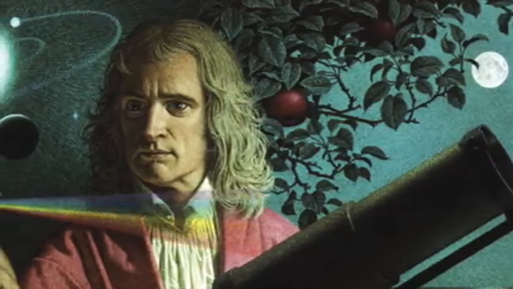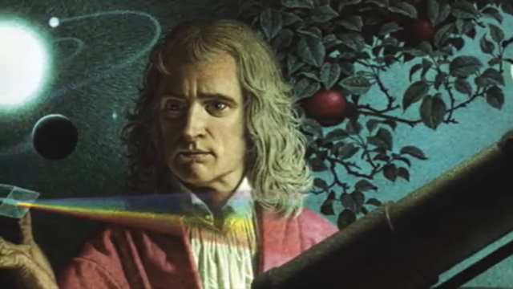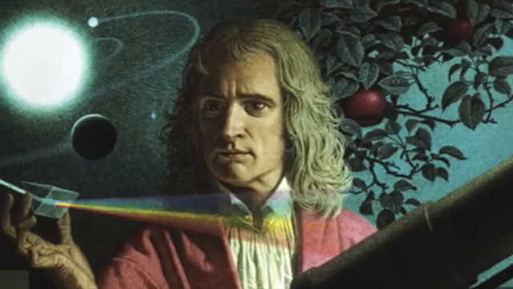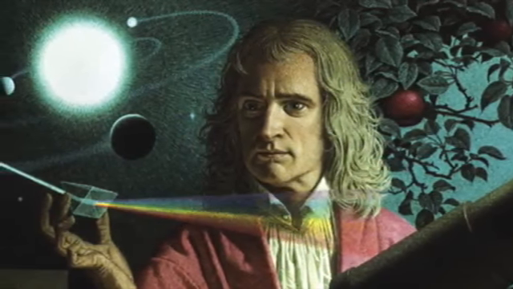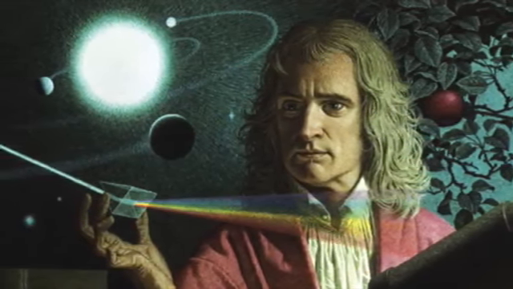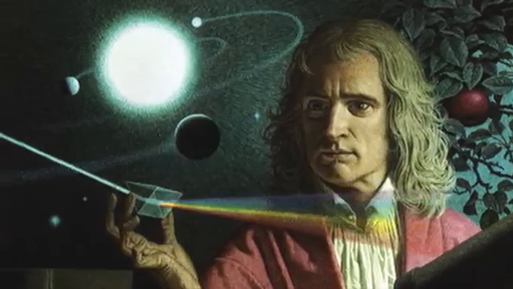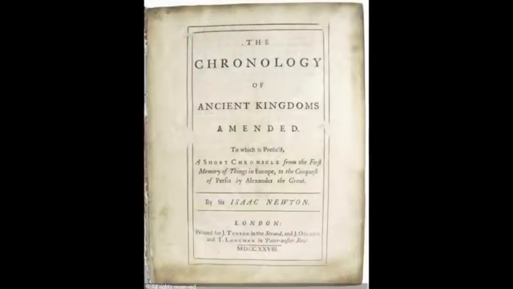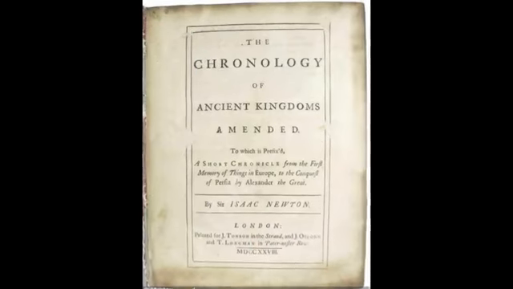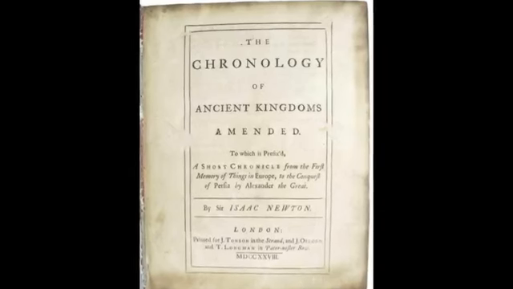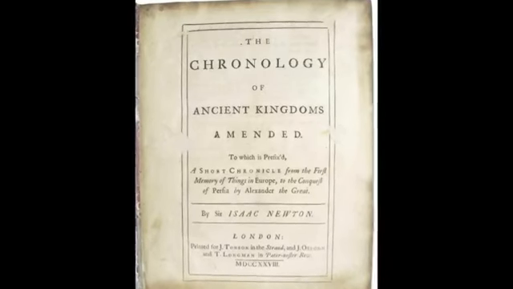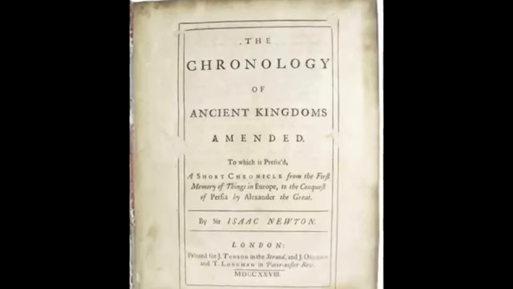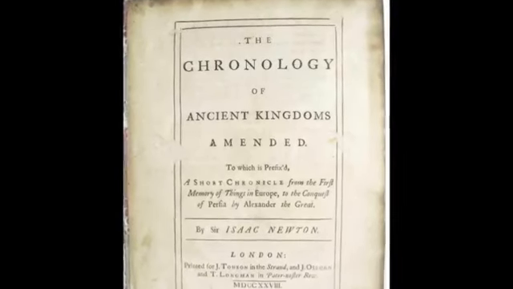One of them is the famous physicist Isaac Newton. Somehow they conveniently miss to tell us that he was a chronologist as well. He was persistently arguing that the history of the kingdoms of Egypt has been artificially sent to the past by 1800 years.